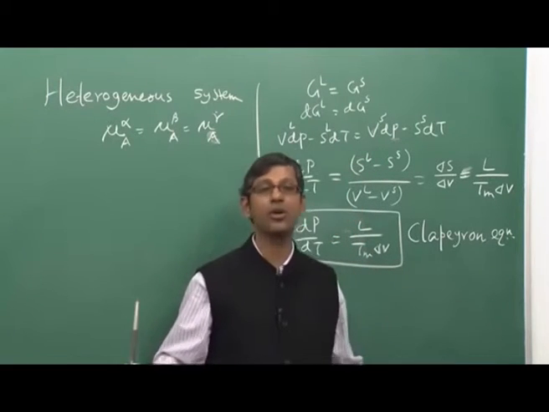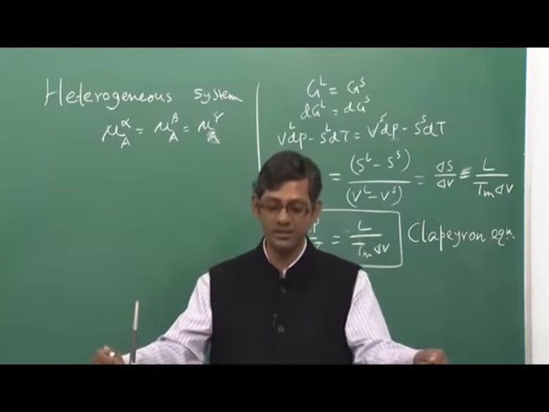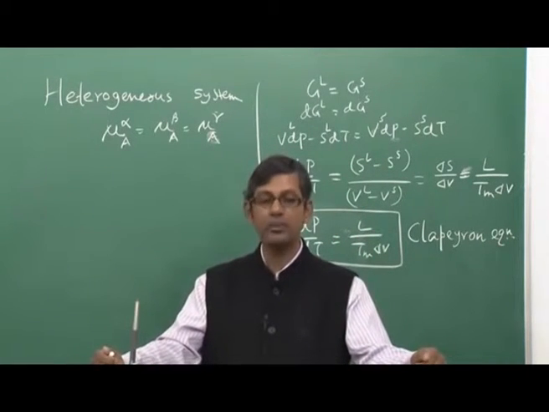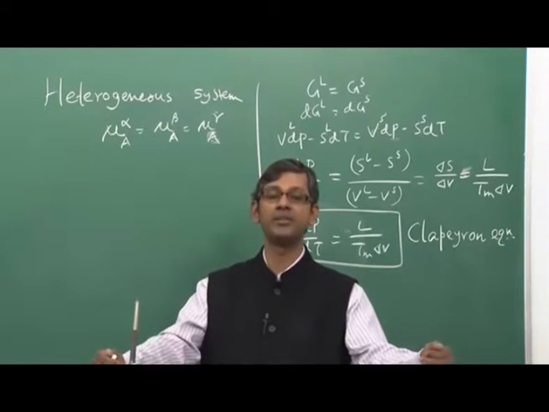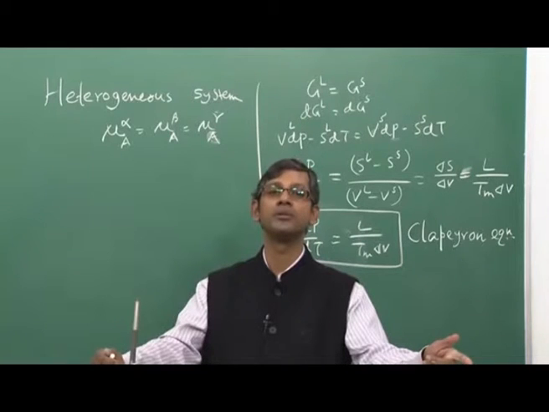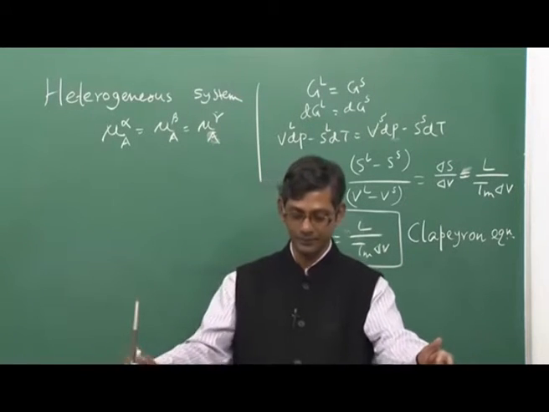Some people say this is the Clausius-Clapeyron equation, but there are two scientists who derived it. So the Clapeyron equation tells you how the pressure will change as a function of temperature for a pure component, correct.